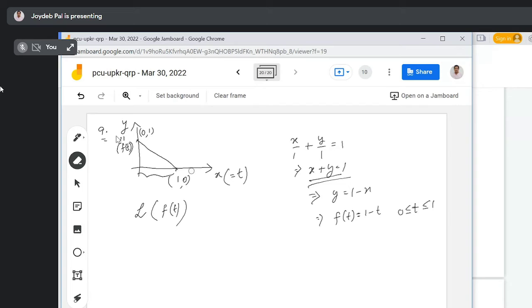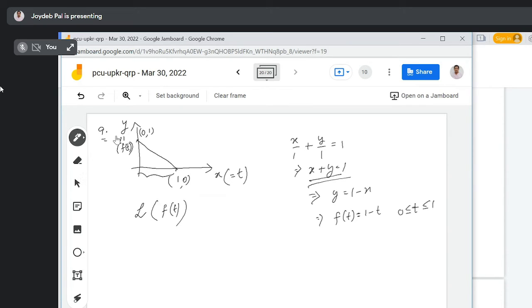This is the portion on the t axis, 0 to 1. That is the domain. So the graph is lying in the interval 0 to 1, not all over the t axis.